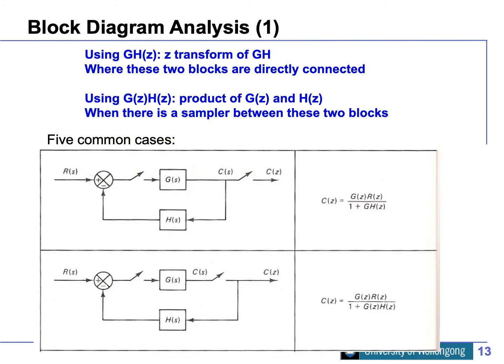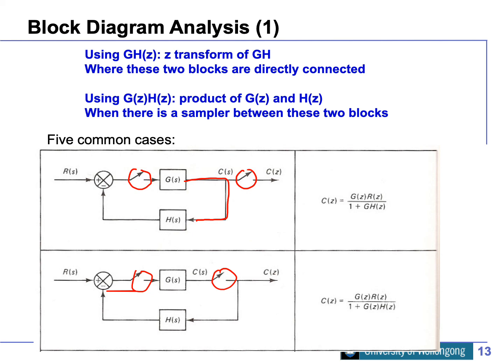We have a few cases of how the system is connected, depending on where the sampler and the system reconstruction are. If these two things are connected, there's no sampler in between, and when we do the Z transform, we do them together.